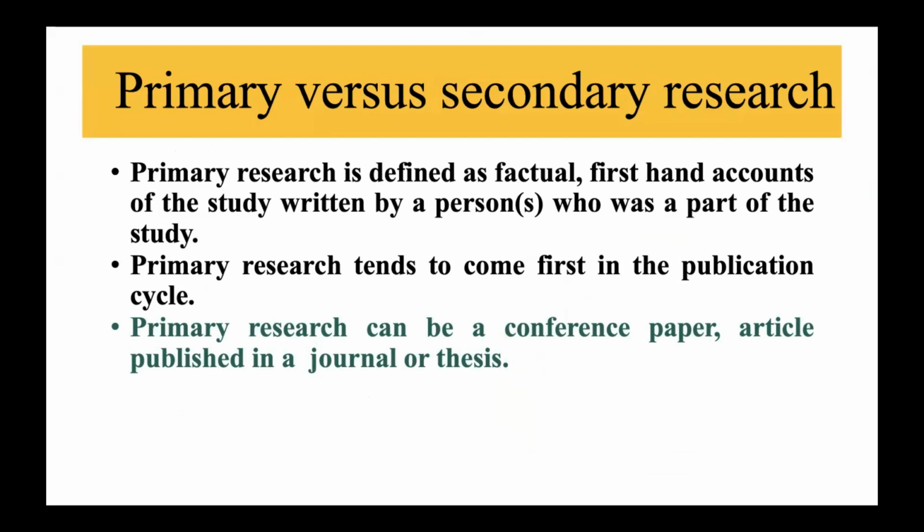Primary research is defined as factual first-hand accounts of the study written by persons who were a part of the study. Primary research tends to come first in the publication cycle. Primary research can be a conference paper, an article published in a journal, or a thesis.